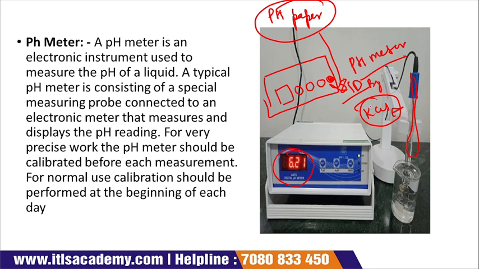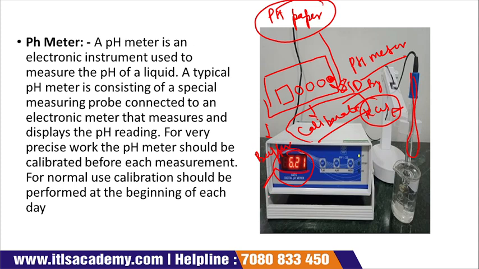Now first of all we have to calibrate the pH meter before using, because without calibration the result may become altered. Now how do we calibrate our pH meter? The pH meter is calibrated by buffer solution.